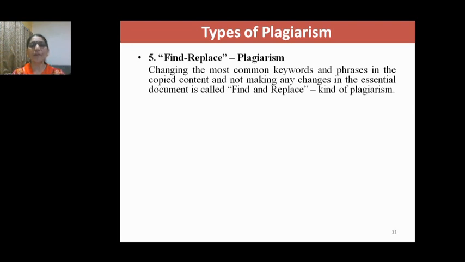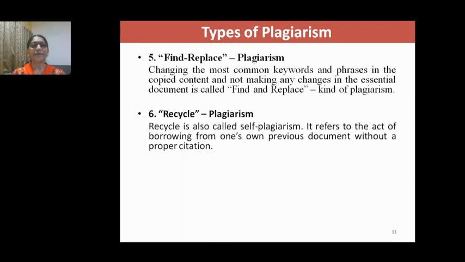Changing the most common keywords and phrases in the copied content and not making any changes in the essential document is called find and replace kind of plagiarism. In this, many times the researcher replaces words with synonyms.